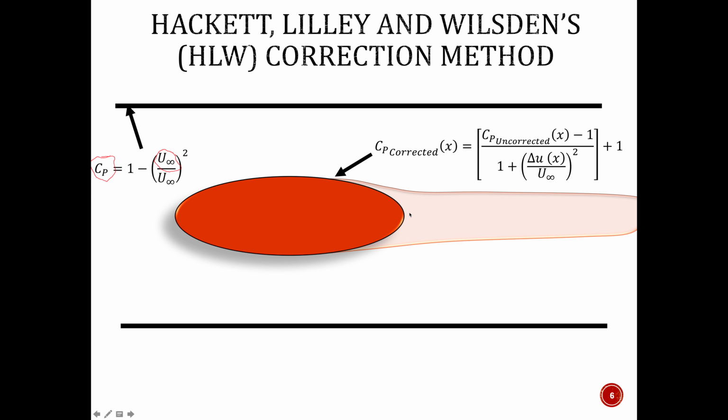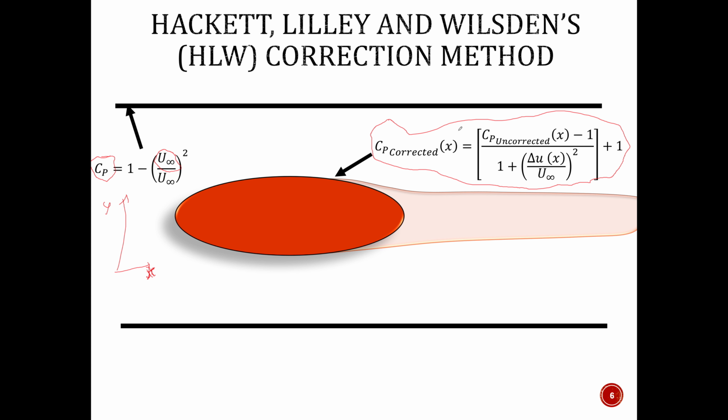So Hackett, Lilly, and Wilson came up with this equation right here to account for the velocity increase and get the corrected pressure coefficient variation across, I'll draw an axis here, X and Y. Again, I'm drawing this with my left hand, so even with my right hand it looks like that on PowerPoint, but anyway. This is the corrected version of the CP, the coefficient of pressure.